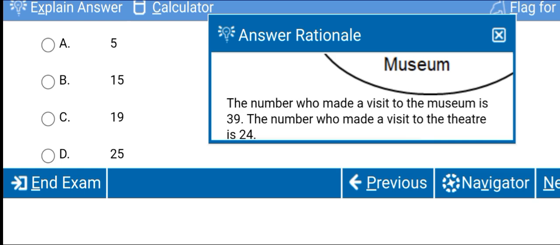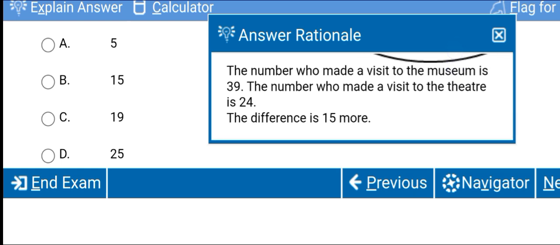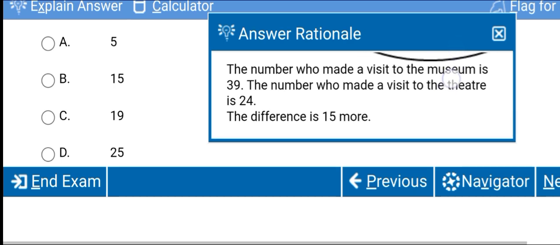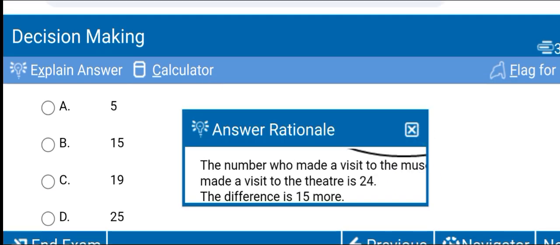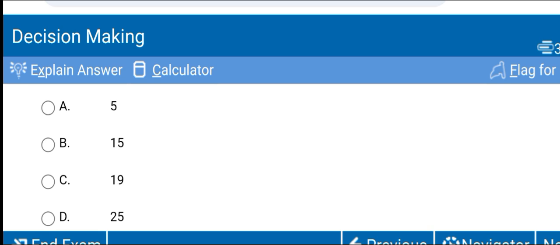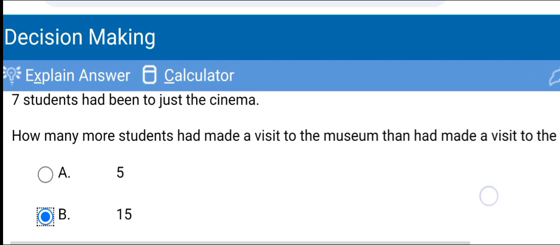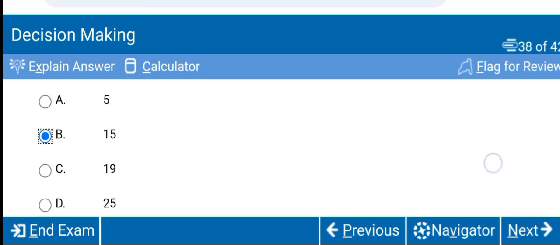The number who made a visit to the museum is 39. The number who made a visit to the theatre is 24. So the difference is 15 more. That's why the correct option is option B, which is 15 more students.